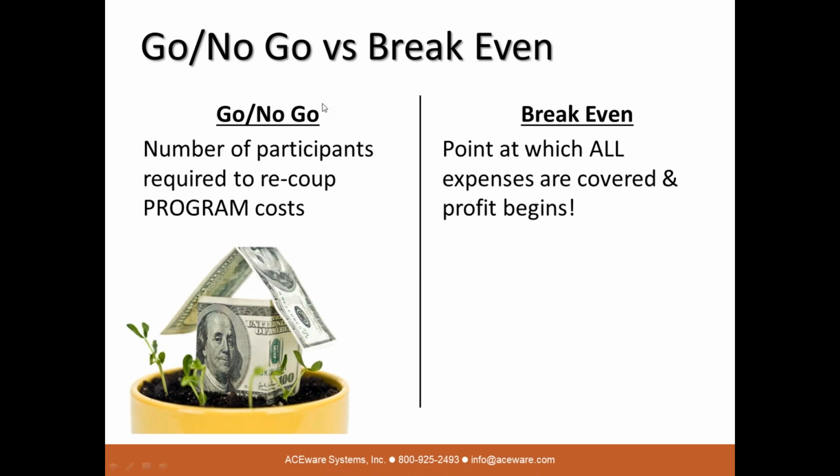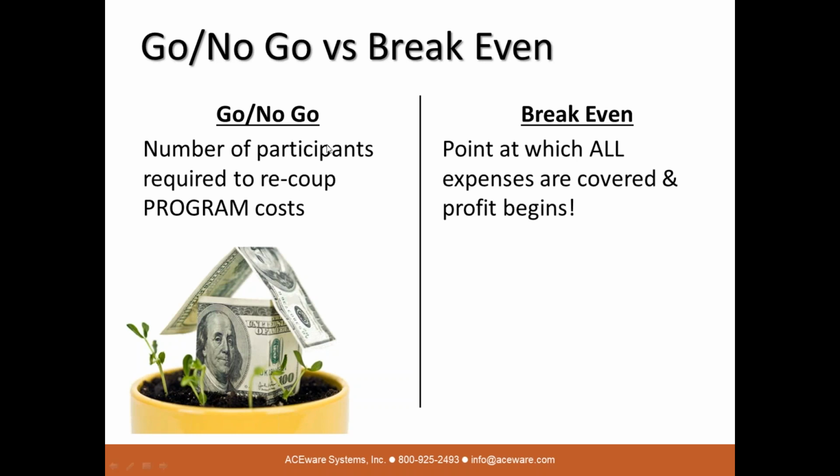And again, on the go, no go and break even: since sunk costs are already spent, you can't get them back whether you cancel or not. My school of budget building was that if you can get enough student registration income to pay for the costs of running the program, which is usually covering that room for that night and paying for the instructor, you're not losing any more money than if you were to cancel.